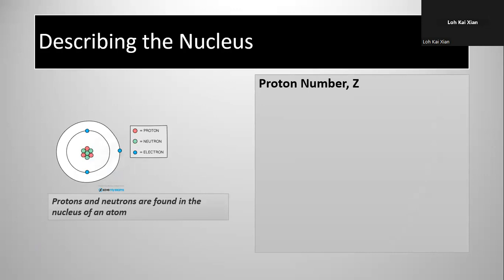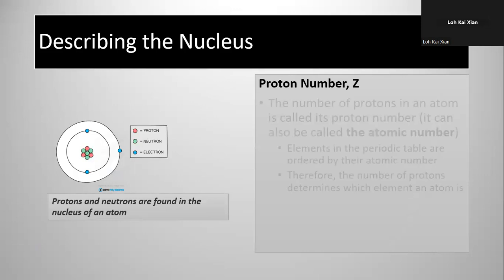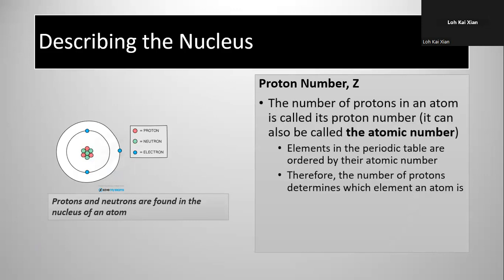Okay, we will now introduce some terms. Proton number, that's called Z. Number of proton in an atom is called the proton number. It can also be called atomic number. Alternative name, atomic number. So proton number Z or atomic number.